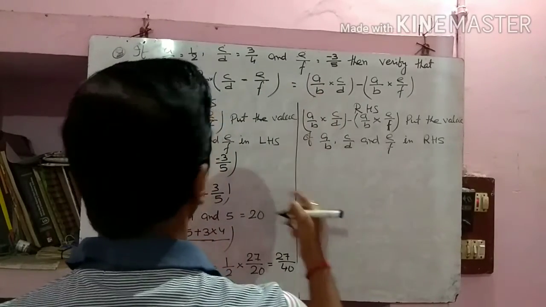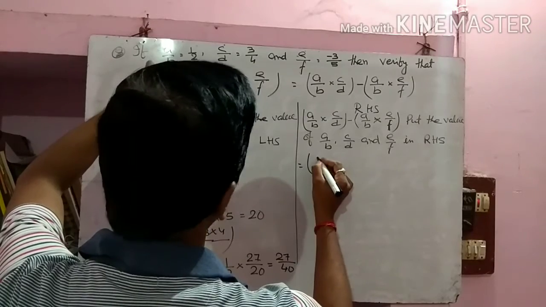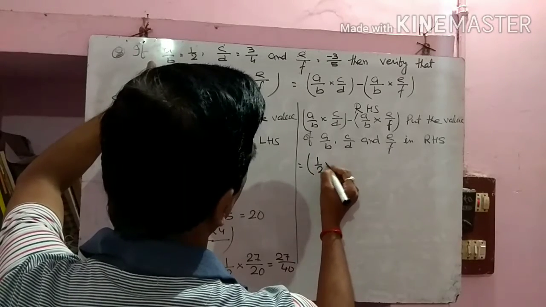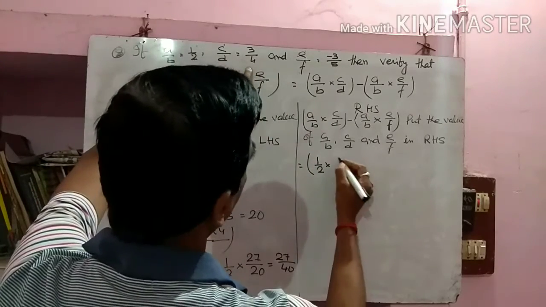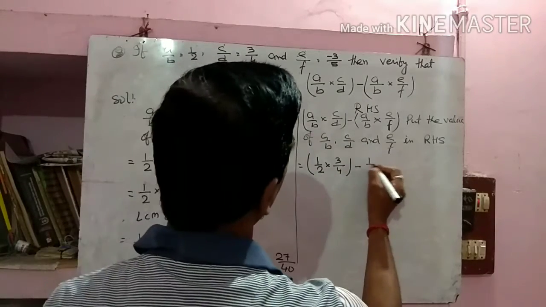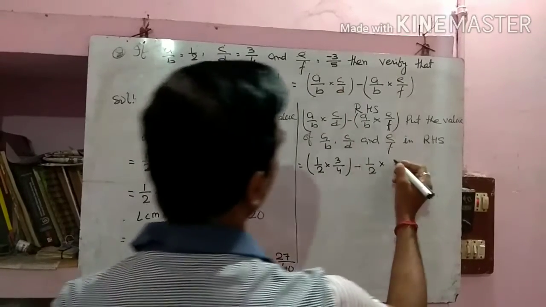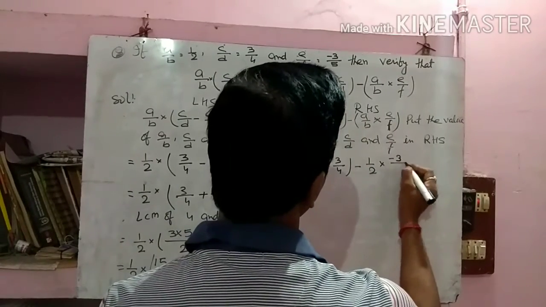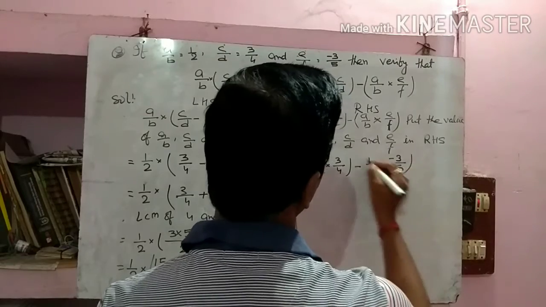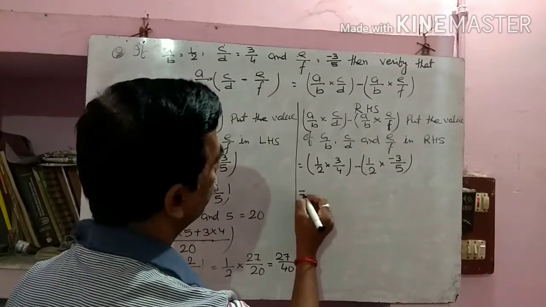The value of a/b is 1/2, c/d is 3/4, minus 1/2 into e/f which is −3/5.